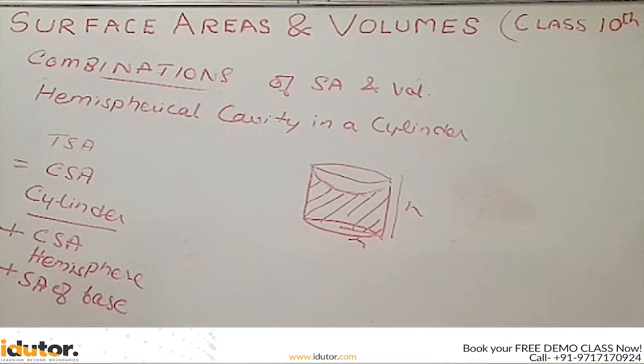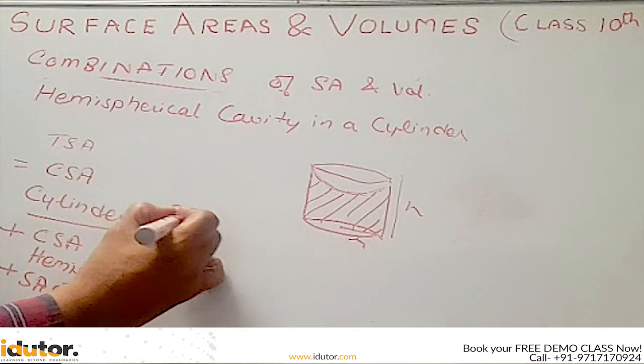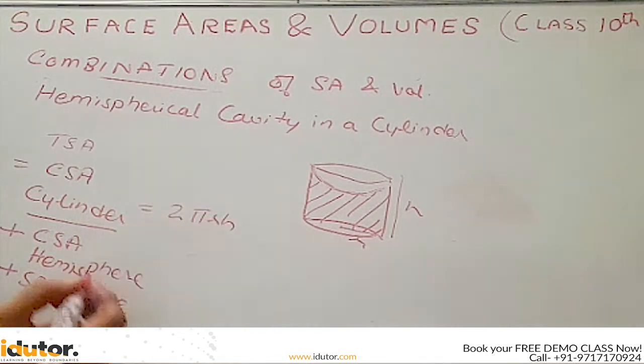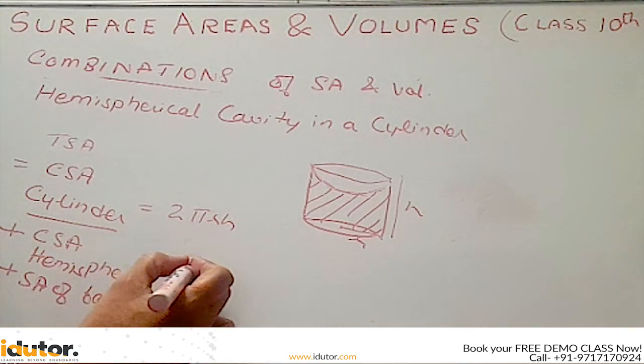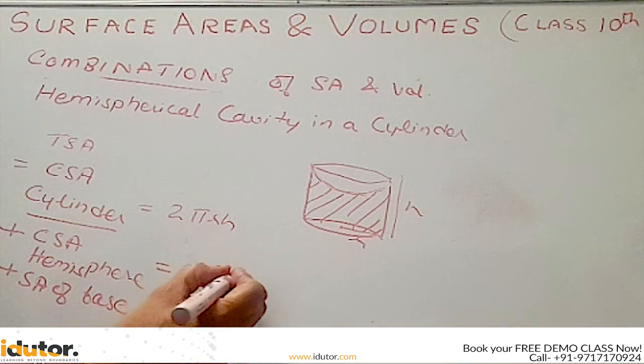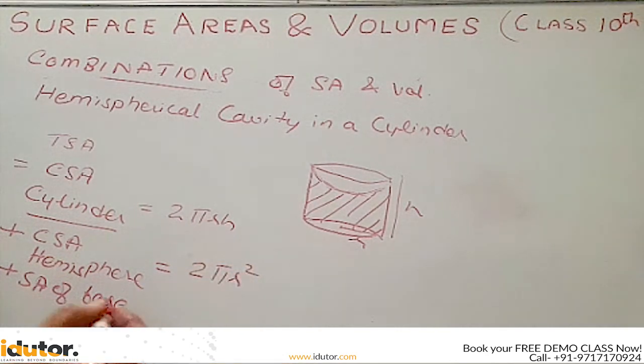So here we are discussing the CSA of cylinder first. So you know CSA of cylinder is equal to 2 pi RH, and CSA of hemisphere is equal to 2 pi R square, and then surface area of the base, that is equal to pi R square.